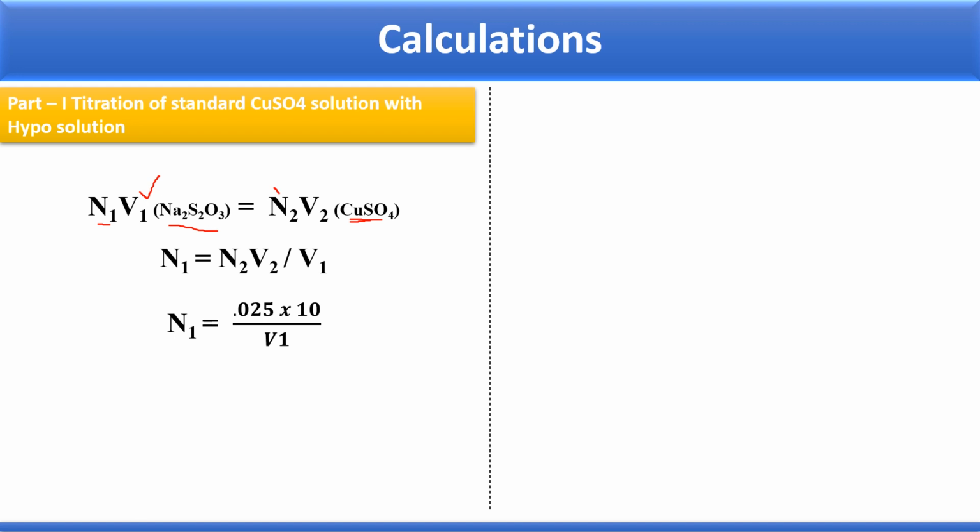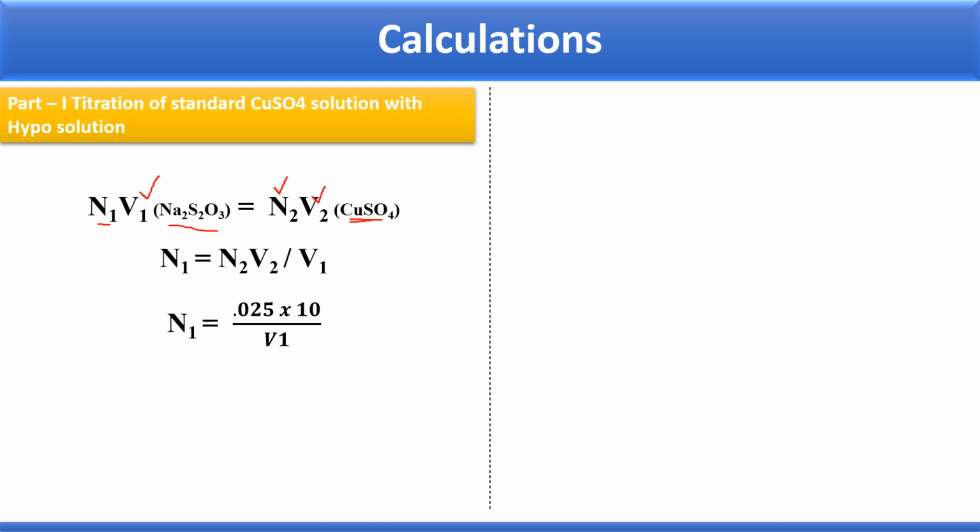N2 is the normality of standard copper sulfate solution, which we have used, 0.025 N. V2 is the volume of copper sulfate taken in the conical flask, that is 10 ml. So N1 is N2V2 divided by V1.